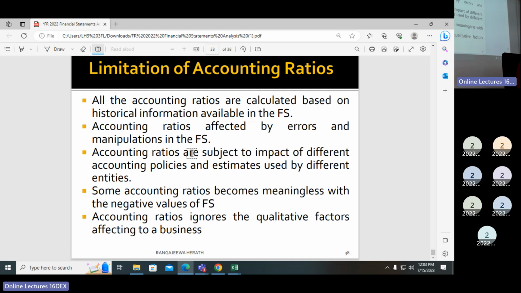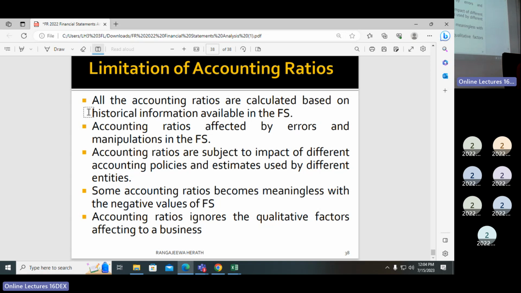Now, first one, all accounting ratios are calculated based on historical information available in the financial statement. So ratios are also historical. So we are going to take a decision about the future, but we are using the historical information. That's a limitation. Past information තිබුණාට අනාගතයේ තත්ත්වය ඊට වඩා වෙනස් වෙන්න පුළුවන්, right? But can't help, we have the financial statement on a historical basis. So we are using that historical information. There is one limitation.